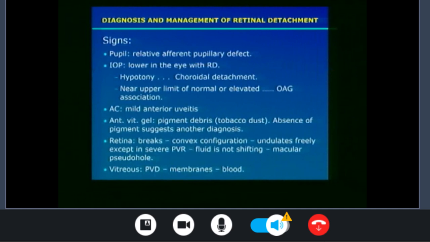If you look at the vitreous on the slit lamp, look for pigmented debris, tobacco dust, and absence of pigments suggests another diagnosis. Frequently the presence of rhegmatogenous detachment or retinal tear is associated with tobacco dust or pigmented debris in the anterior vitreous. If you don't see pigmented debris, think about another cause.